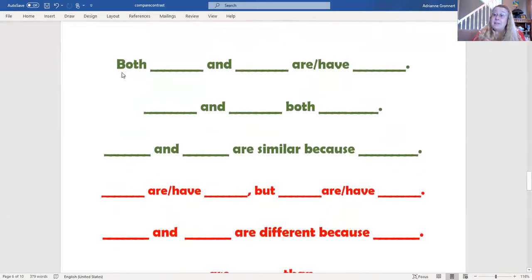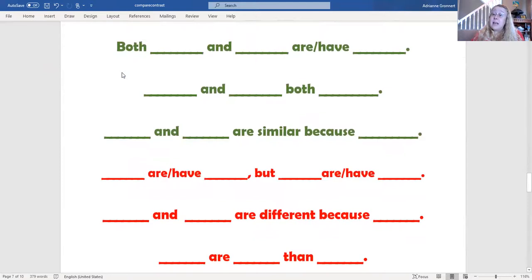Here's another look at the sentence frames that can help you when comparing and contrasting. The sentence frames that show how the things are similar are colored green, and the sentence frames that show how they're different are colored red. Let's read through those. Both blank and blank are or have blank.